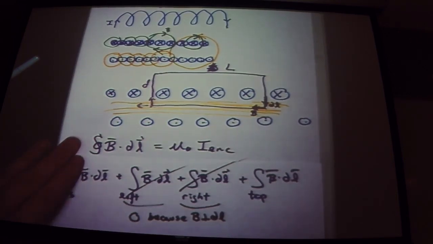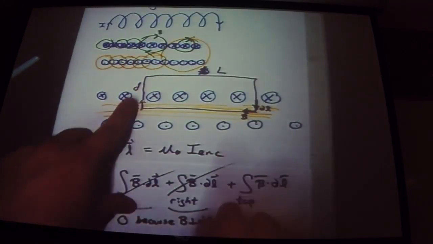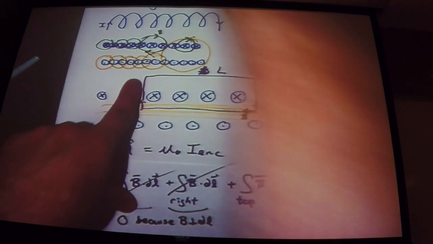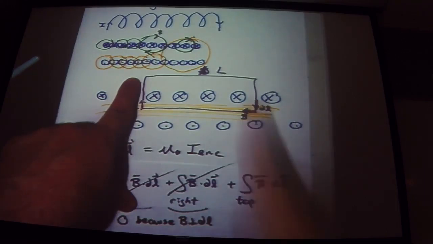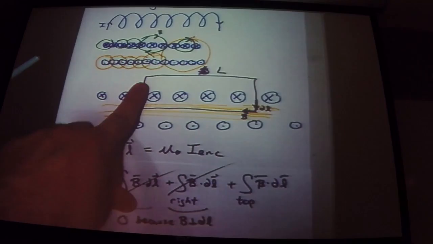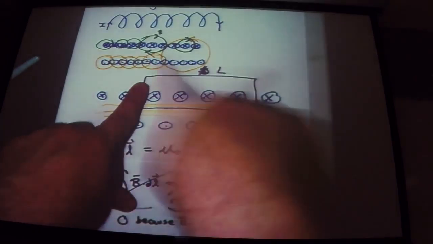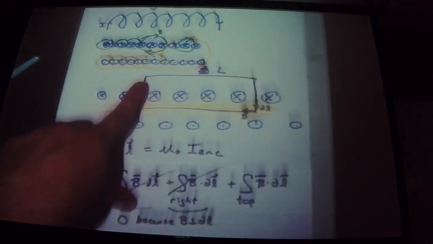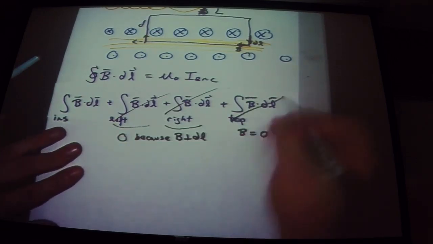And if I really wanted to get cute like your textbook does, they extend this to infinity, so then you're sure that the magnetic field is 0. You get the same deal because of these perpendicular lines anyway. So we just go far enough away from the solenoid, and you get 0 as well. So this is 0 because B itself is 0.